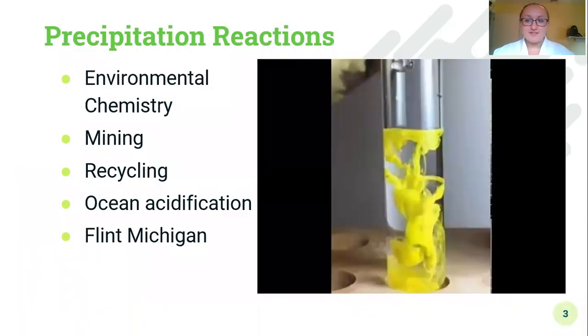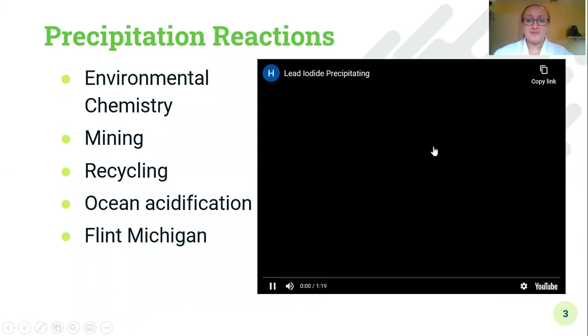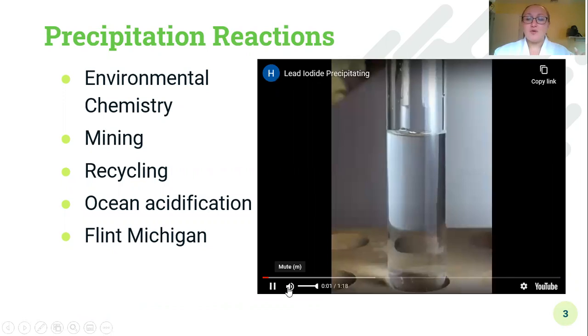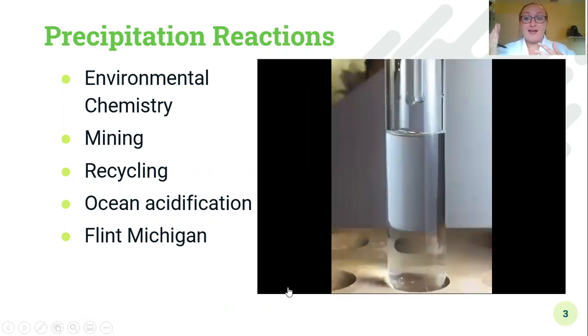One very common type of reaction in water that we see frequently in chemistry classes is precipitation reactions. This is when you add two seemingly normal liquids and a solid all of a sudden forms. Precipitation reactions have really important implications in environmental chemistry.